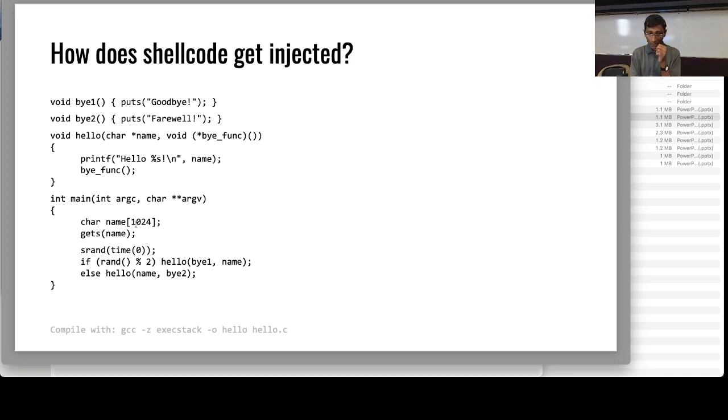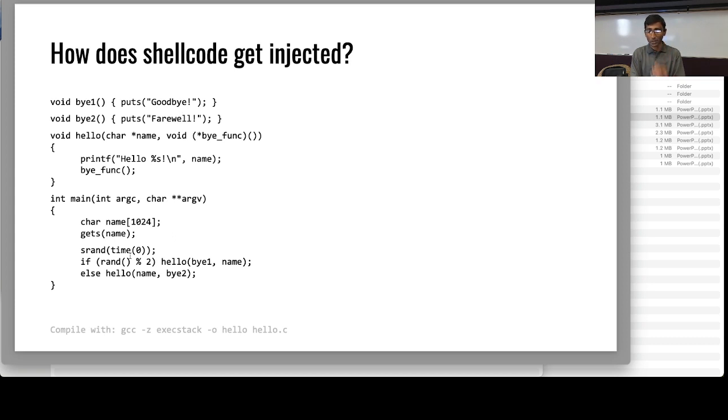It has a buffer, an array of characters, to get the name, and then it prints hello. The function hello takes the name that you get from the user input, stored in the character array buffer, and then the function simply prints out goodbye.